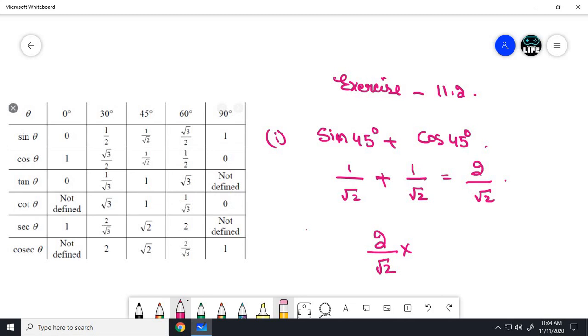Hope you know what rationalization is. It is in last year's 9th class first lesson, I think. Now multiply both numerator and denominator with the denominator. So what is the denominator? It is root 2 by root 2, that is equal to 2 root 2 by root 2 into root 2, which is 2. So 2 gets cancelled and the answer is root 2.